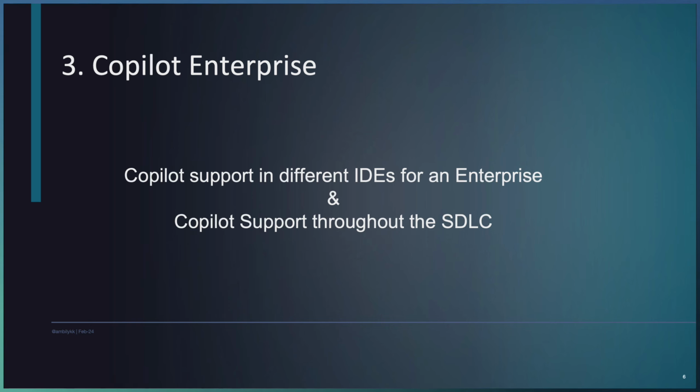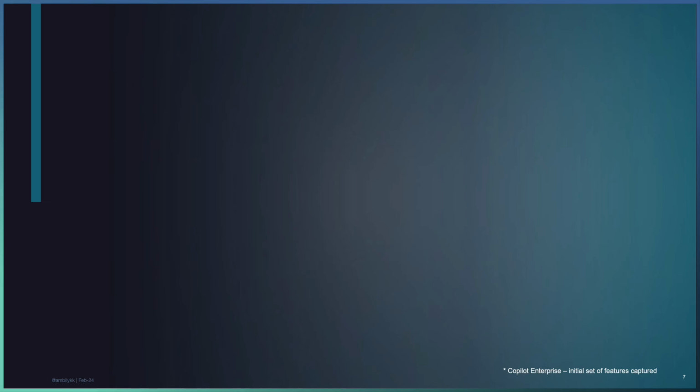Individual and Business work on the IDE of the developer, tagged to the IDE through a plugin or extension. But when it comes to Enterprise, you have the IDE support, and along with that, Copilot is there throughout your SDLC phase. Obviously, it comes with a prerequisite of github.com as a platform. It's platform-based support.